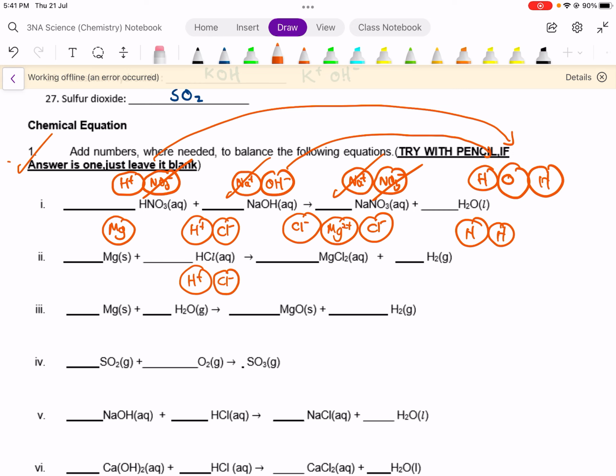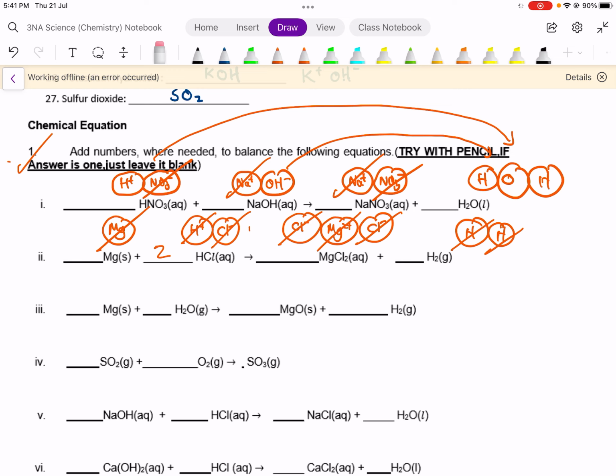Okay, to balance. Chloride balance. Mg balance. Okay, then H balance. Okay, but what I need to do, because now there's 2 sets, 1 set here, 2 sets here, I need to put a 2 for the HCl to represent 2 sets of HCl. Okay, can. If okay, then I'm going to erase this part.